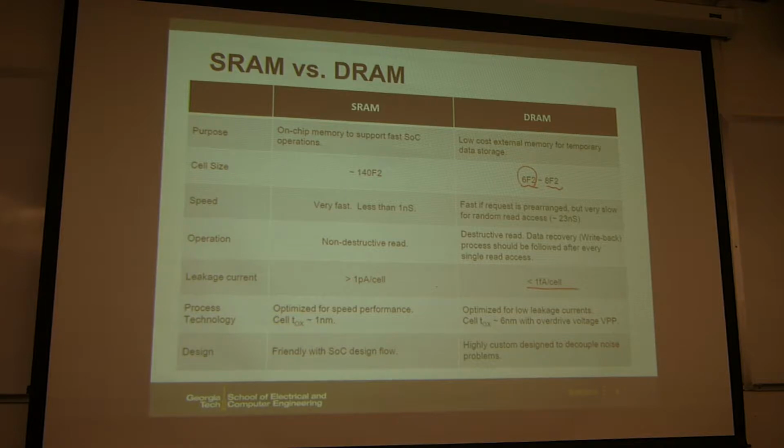If you use high K, then you can have the equivalent thickness about 1 nanometer or even below that. But for the DRAM, because we shoot for low leakage, the transistor's gate oxide thickness is actually thicker, like 6 nanometer in this case. So this is a different fabrication process. That's why the logic foundries like TSMC will not fabricate DRAM for you, because this is a very different fabrication process.